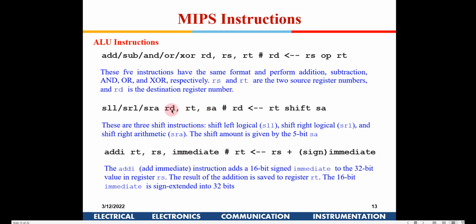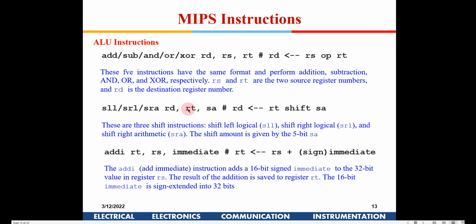So if I write register number 1, register number 2, and I write 1 here, then the contents of RT will be shifted towards the right by 1 bit, and the data will be stored in RD.